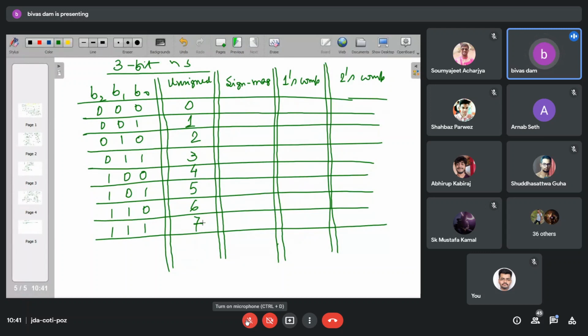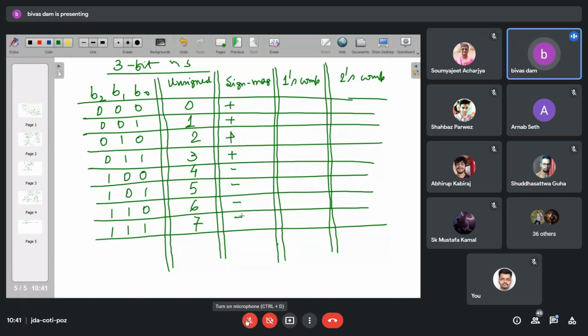Sign magnitude comes under the sign number system category. In the sign number system category, the MSB always represents the sign bit. So first we target the MSB. As the MSB is 0, I simply write it as positive, and the same here, where the other four are negative.